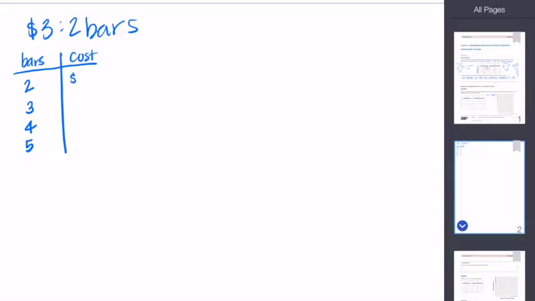We know that 2 bars is going to cost $3, so that's the ratio we want to use. From above, we saw that we can either use this ratio or a unit rate, which we got from above, which is $1.50 per bar.